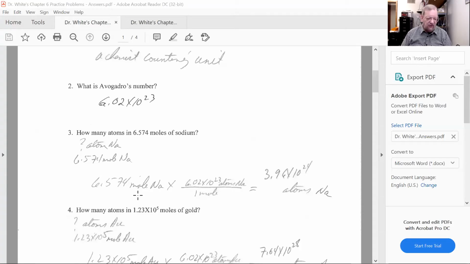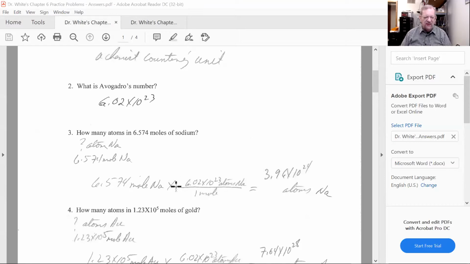Hopefully by now you've seen it is your good buddy. What are we trying to get to? Atoms of sodium. So whatever we're trying to get to, we put the units on top of a ratio. Whatever we're trying to get rid of, we put on the bottom of the ratio.